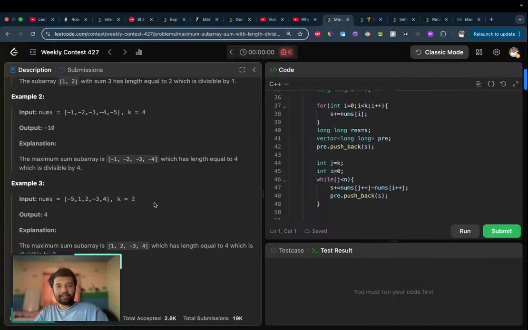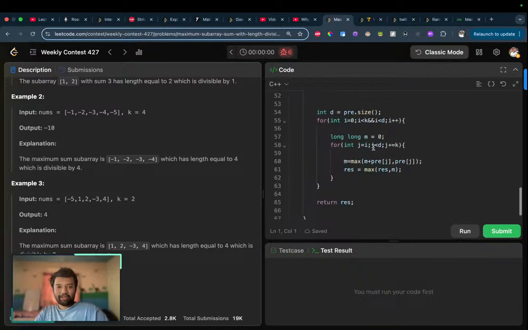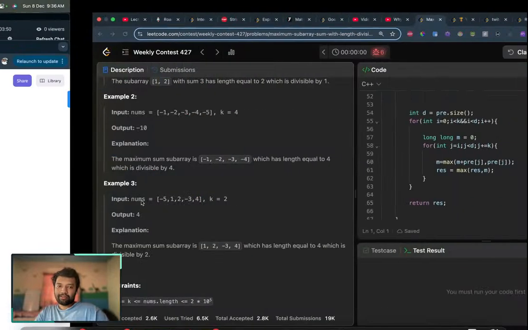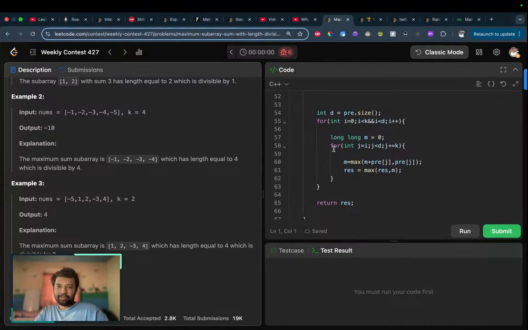And then I applied Kadane's algorithm on all of them, basically in groups of k. So one array to apply Kadane's algorithm on is 4 and 1. The other array is 3 and 1, 1. Minus 4 and minus 1, 3 and 1. That's how I applied Kadane's algorithm and I got the answer.